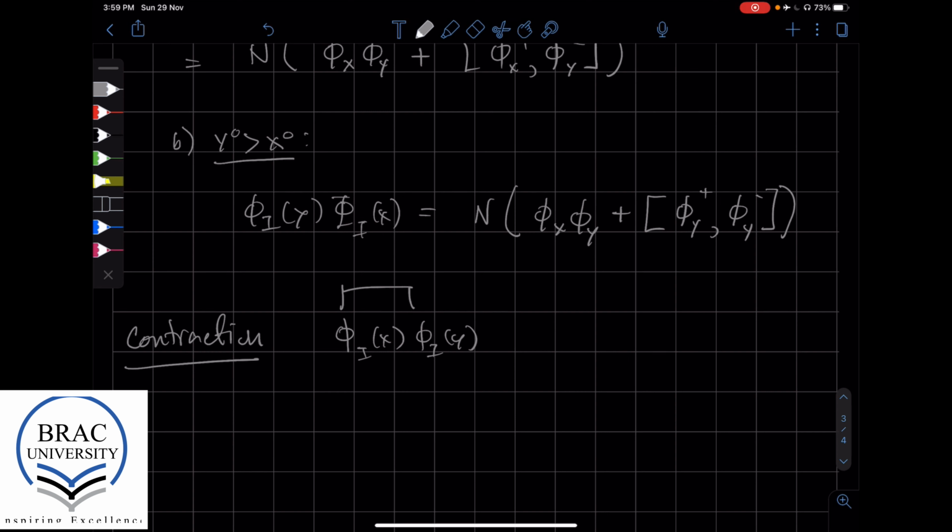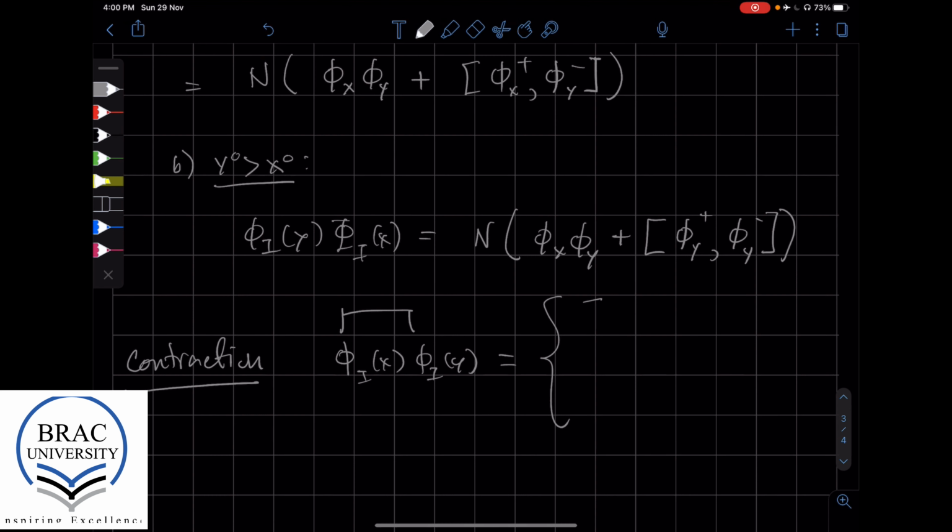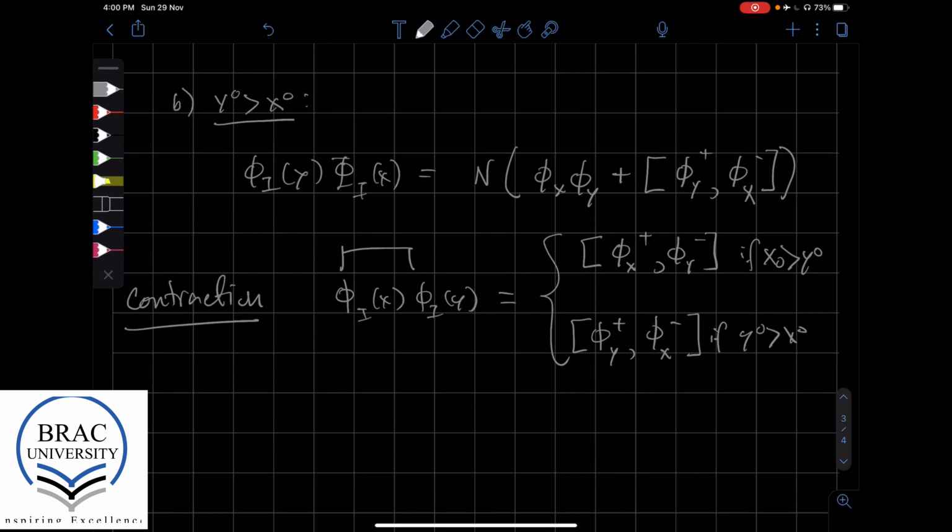We define it to be the commutator of phi(x)+ and phi(y)- if x0 is greater than y0, and phi(y)+ and phi(x)- if y0 is greater than x0.